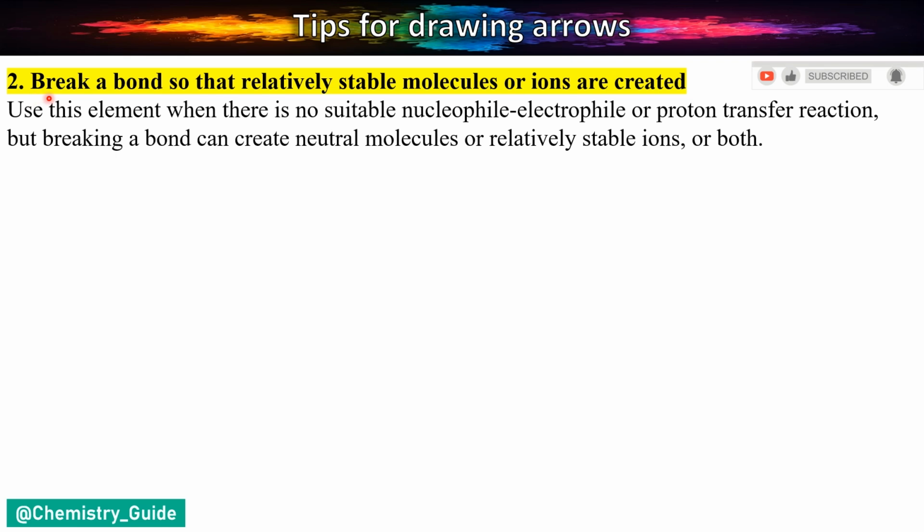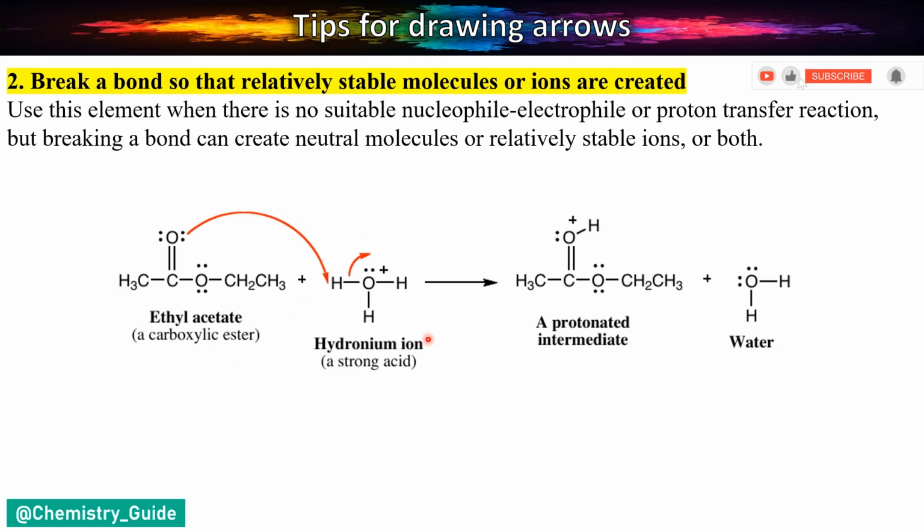The second tip is to break a bond so that relatively stable molecules or anions are created. So in this example, this is ethyl acetate. In ethyl acetate, one of the lone pairs of an oxygen on the carbonyl group attacks the hydroxyl anion.